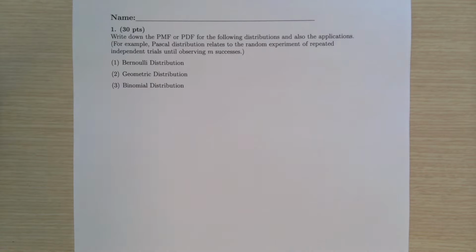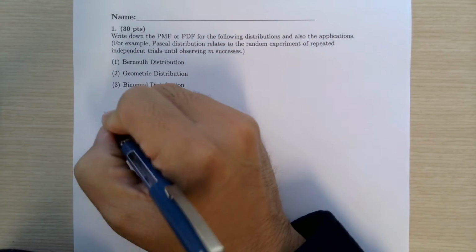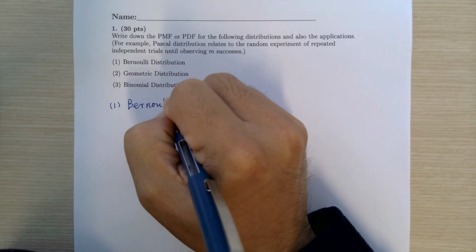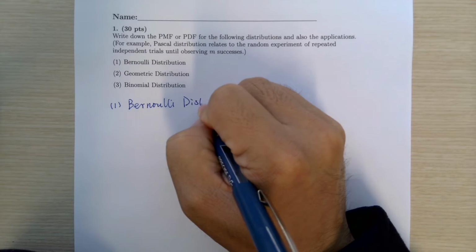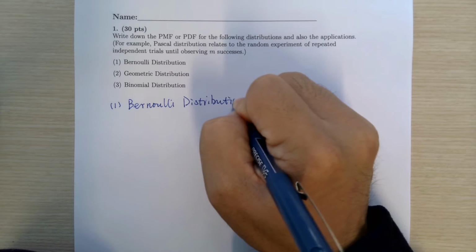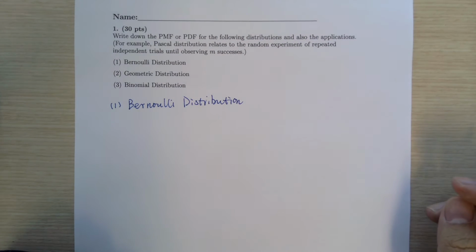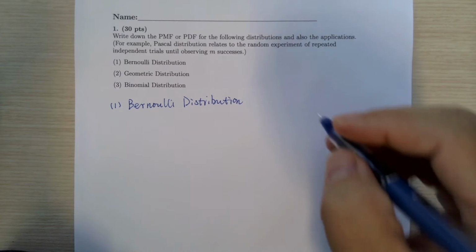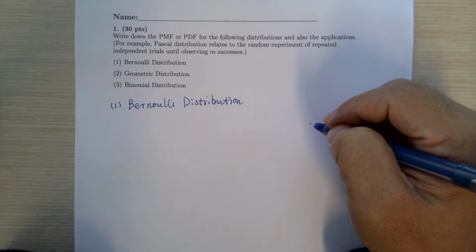So that's the simplest discrete random variable. So for the first one, the Bernoulli distribution, this is going to be a discrete random variable.